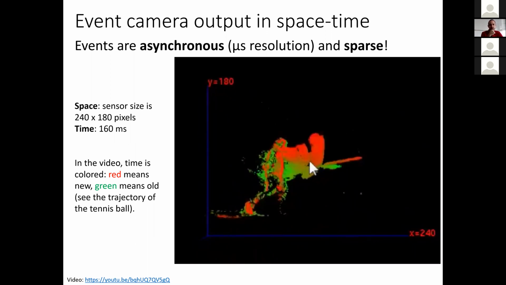And what we observe is that the data that comes is quite unfamiliar. It doesn't consist of images. It's mostly these dots in space-time, which are the so-called events, brightness changes, and they come asynchronously with microsecond resolution, and they are a sparse signal, as opposed to the dense signal that we typically consider regular images. So these are some characteristics of the data produced by event-based cameras.